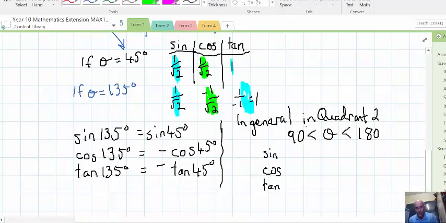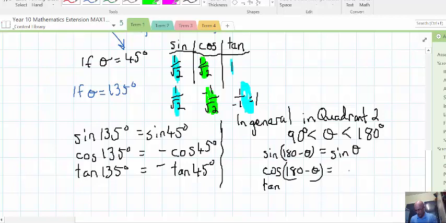So the thing to take away from this now, in general, in quadrant 2, so we're looking between 90 and 180 degree angles. So they're those obtuse angles. So if we've got an obtuse angle involving sine, so that would be called sine of 180, take that little related angle, that will equal just sine of the related angle. So sine of 180, take the acute related angle, will just equal the sine of the related angle, or if you prefer, reference angle.